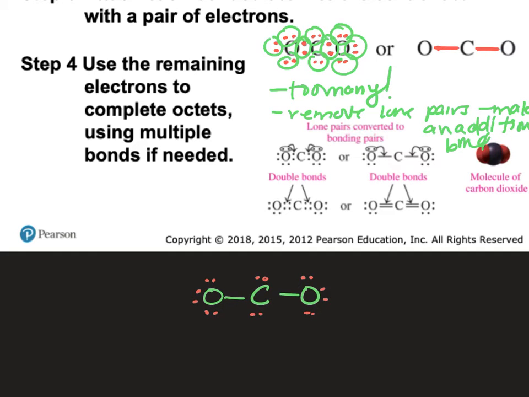All right, so I'm going to remove 1 lone pair from the oxygen and 1 lone pair from the carbon, and then I'm going to make a new bond. Now let's see, does everything have an octet? Let's count again. 2, 4, 6, 8, 10, 12, 14, 16, 18. I still have too many.